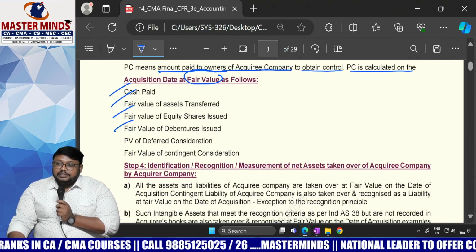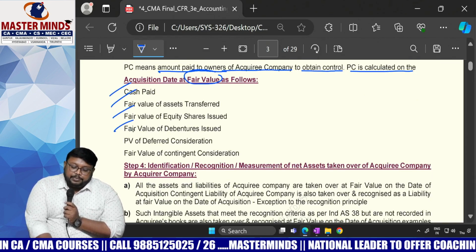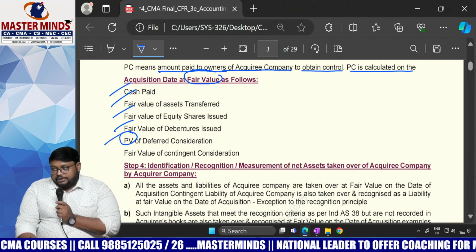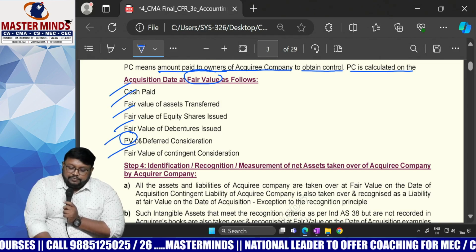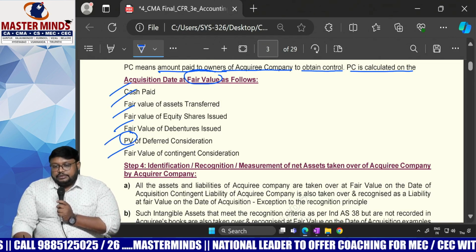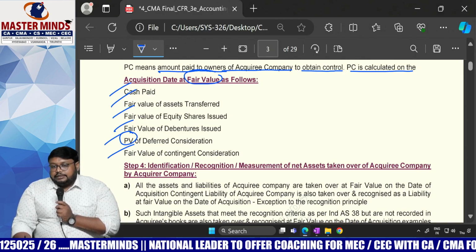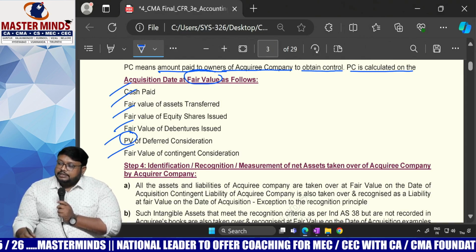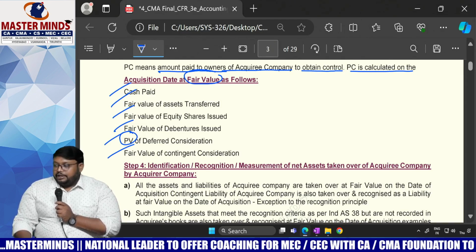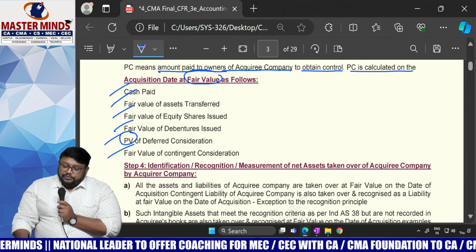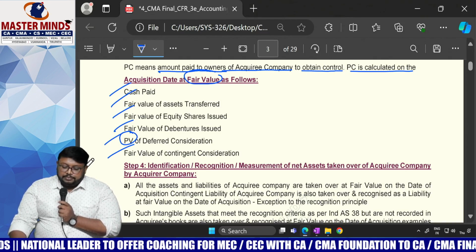If any deferred consideration is there, we have to calculate the present value of deferred consideration, and the fair value of contingent consideration. All these things we add in order to find out the purchase consideration. In all the problems of business combination, they will give you the purchase consideration. If not, we can follow these rules to find it out.